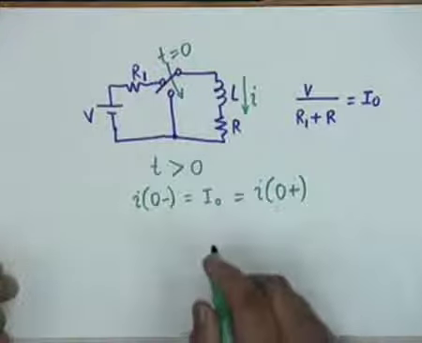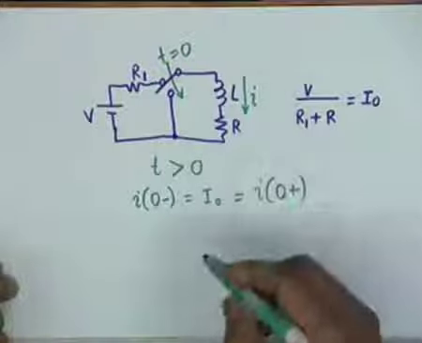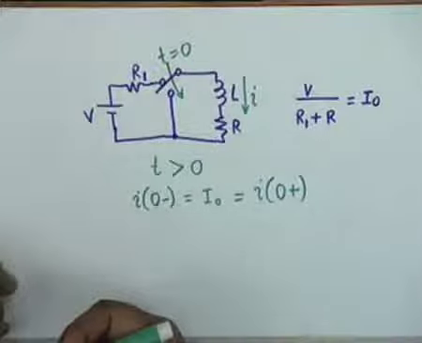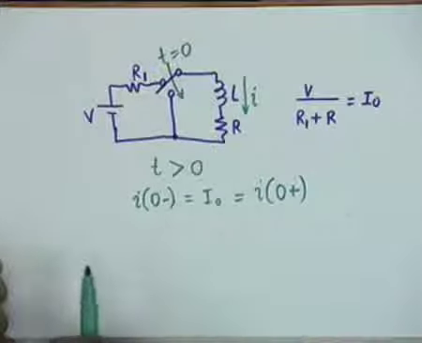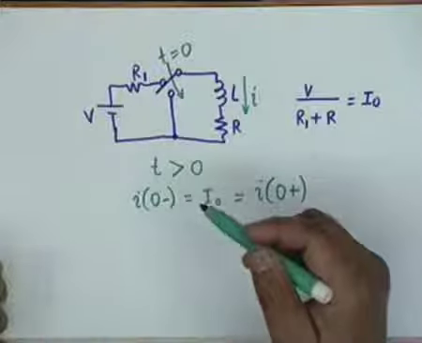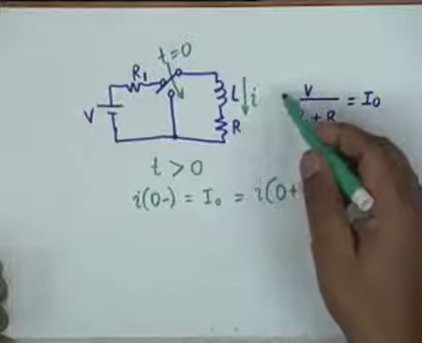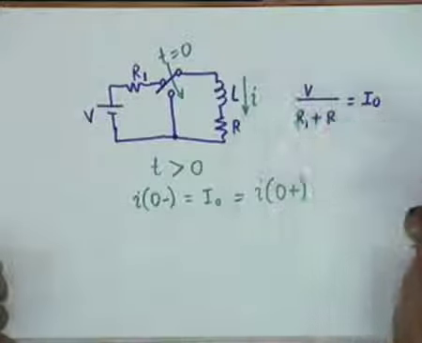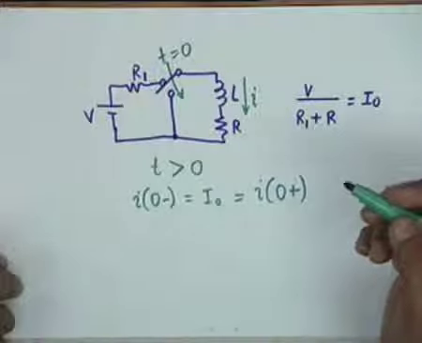All right, and you can see that as time passes, the inductor shall lose its energy to the resistor. The resistor will dissipate that energy, and gradually this current should diminish with time, and at time t equal to infinity, the current should diminish to 0.